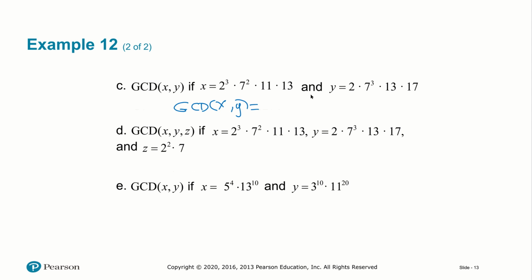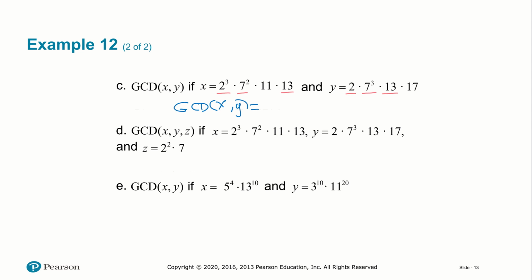They have 2 in common, 7 in common, and 13 in common. So what you could do is put a marker for yourself so that you don't forget. So notice they have the factor 2 in common, the factor 7 in common, and the factor 13 in common. And there's no other common factor.